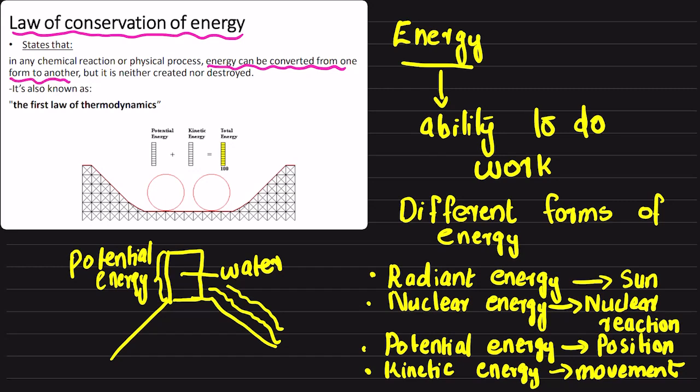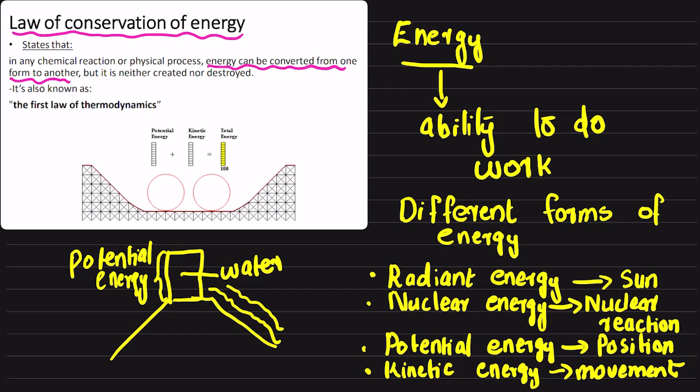For example, the chemical compound contains potential energy, stored energy. During a chemical reaction, the potential energy gets converted into heat or light or some other forms of energy.